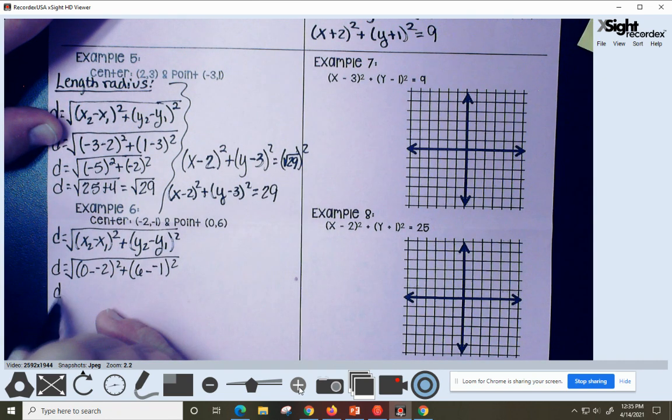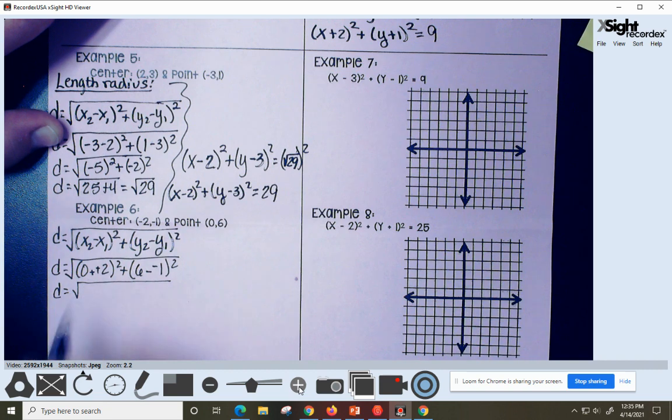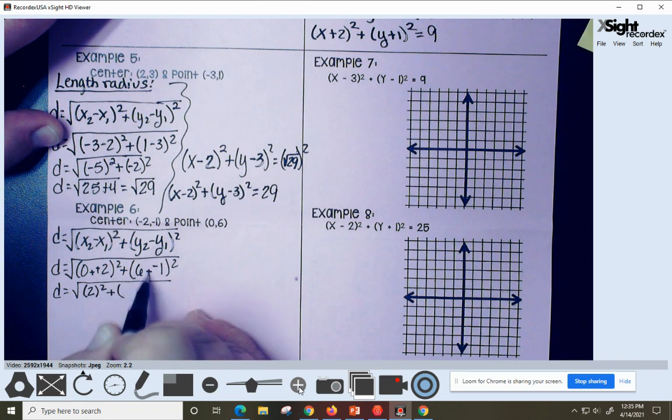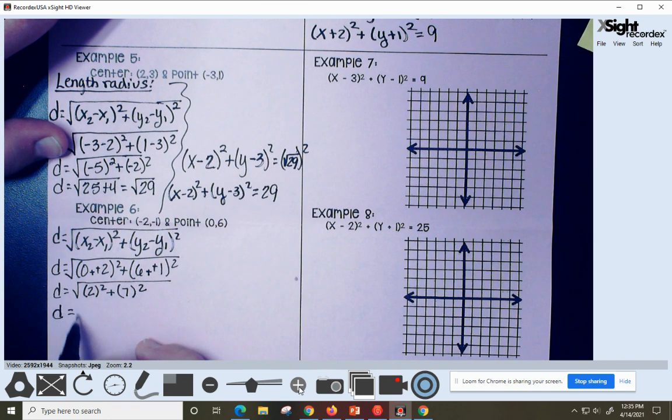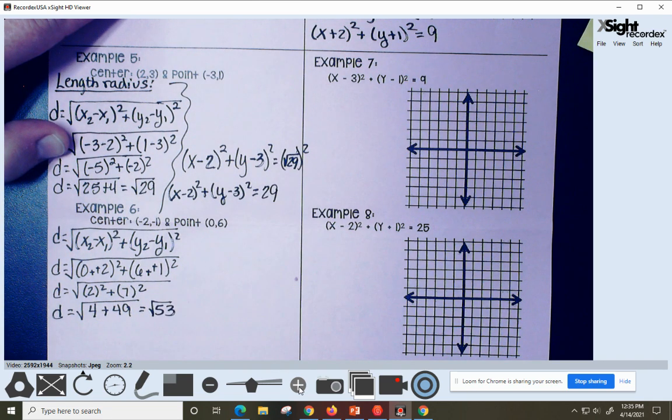So that'll become a plus, so it becomes 2 squared plus 7 squared. So my distance is going to be 2 squared is 4, 7 squared is 49. So the square root of 53 would be the length of my radius.